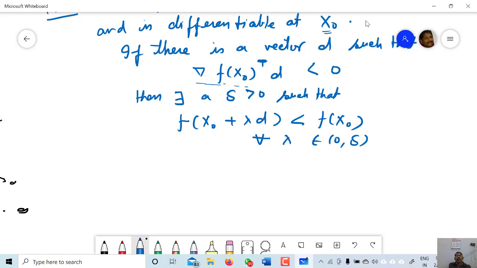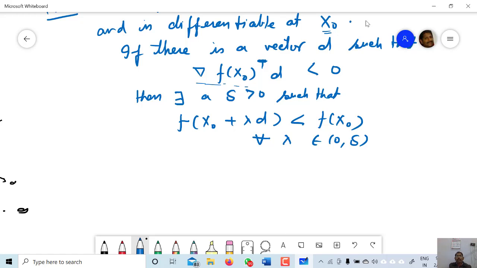Because we are dealing with matrices, we have applied the transpose. d is a vector, so it is a row vector, and this is a row vector also, but I have applied a transpose, so it became a column vector, and therefore we can now multiply both.